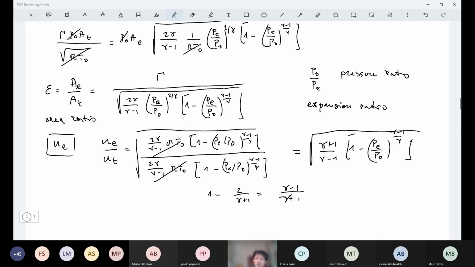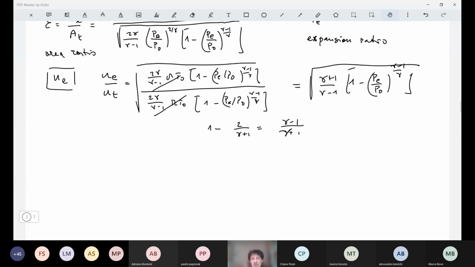In this way we see this is the increment that we can obtain in terms of exhaust speed with respect to the only converging channel when we consider the diverging portion, and in particular this will depend on how much lower than the critical the exit pressure will be.